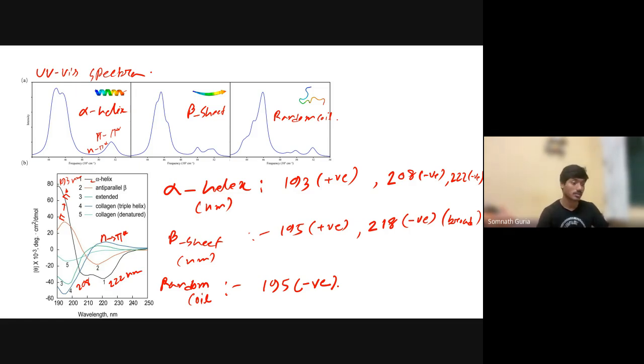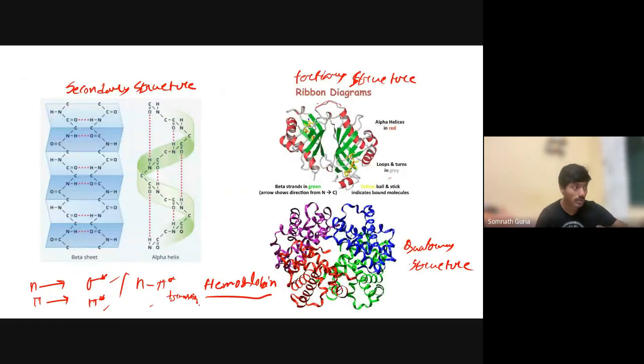To answer that, we have to come back to the structure of the alpha helix and beta sheet. In the beta sheet, the transition is in this direction: n to pi star, from the lone pair of the nitrogen to the pi star of the C double bond O. We have an anti-parallel interaction, but the distance is similar.